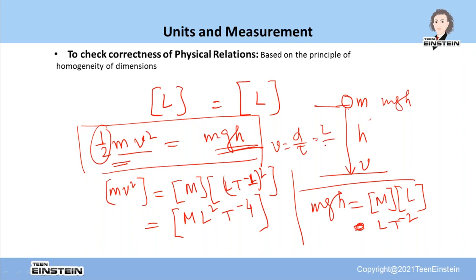The distance is L and time is T, so L T to the power minus 1. I'm sorry, it was wrongly written. So M, L T to the power minus 1, the whole square of that will give you T to the power minus 2. So look, in this mgh also you get M L square T to the power minus 2. So this equation is perfectly correct. Half mv square is equal to mgh is a correct equation.